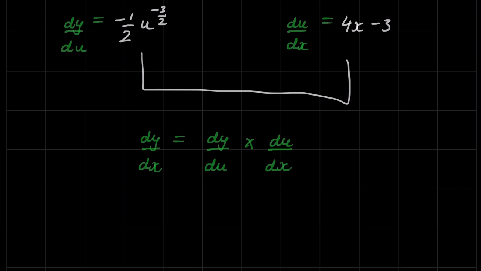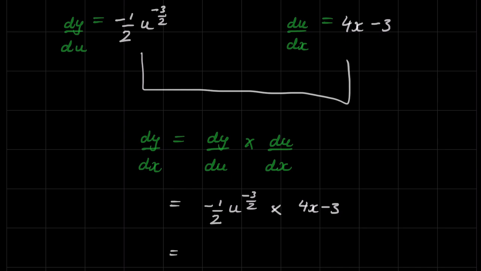So we'll take dy/du, which is minus a half u to the power of minus 3 over 2, and all of this is multiplied by du/dx, which is 4x minus 3. And at this point, all we're really wanting to do is simplify everything a little bit more.